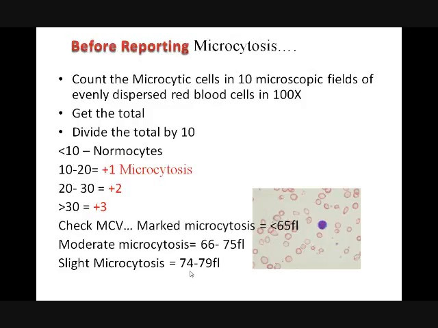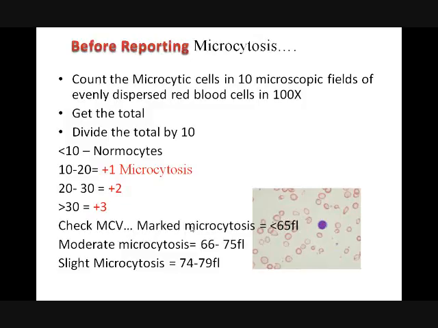Then you want to check the MCV. If the MCV is less than 65 femtoliters, we're going to expect to see marked microcytosis, or 3 plus. Moderate microcytosis would fall anywhere between 66 and 75 femtoliters for our MCV, and we would expect to see about 2 plus.